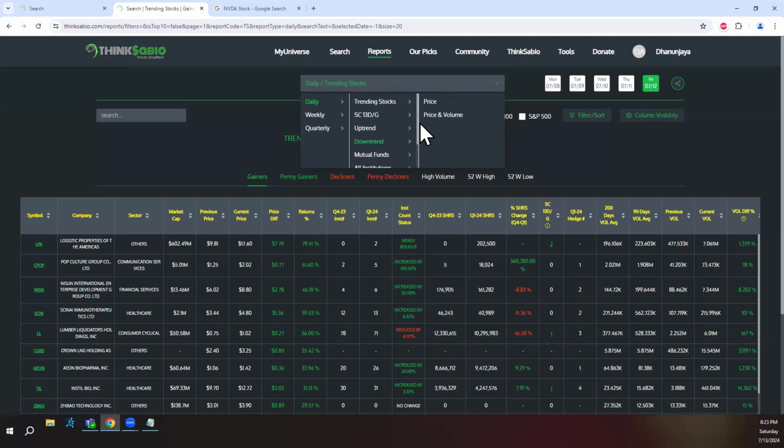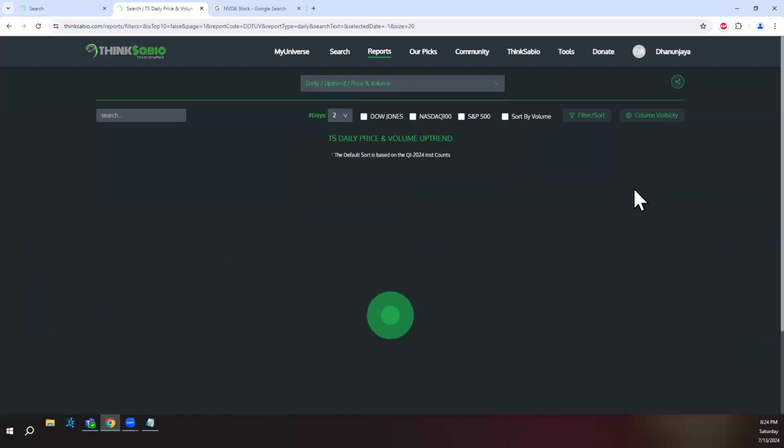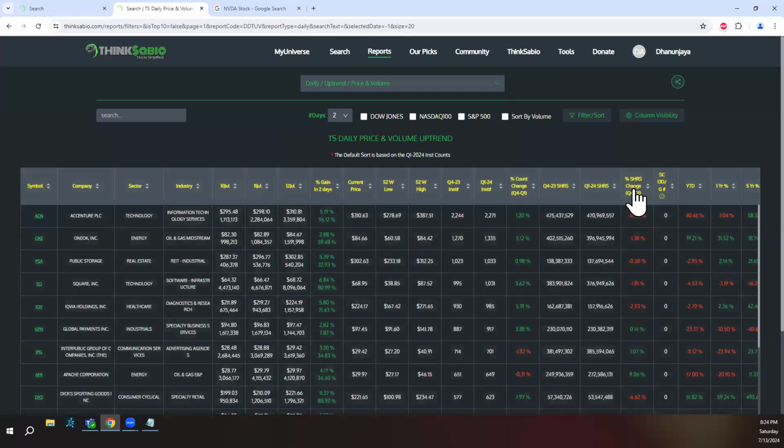So I will jump and take two more reports from this section to quickly make you understand. So if you go here, you can look at just price or price and volume, right? In the stock market, I'm sure during part of our questionnaire we can talk, and if people have more knowledge, please feel free to share. But at the end of the day, in the stock market, price and volume together we can call price action.